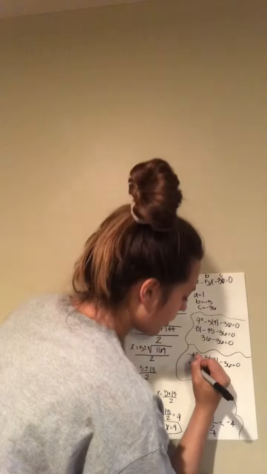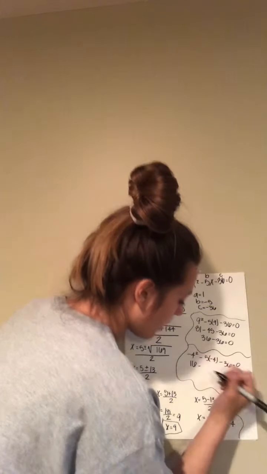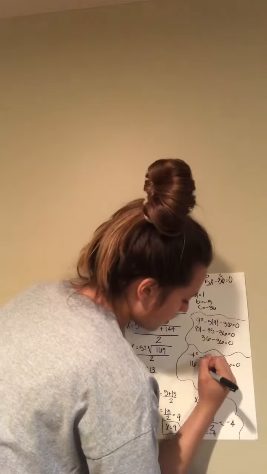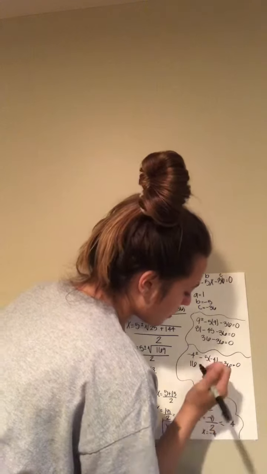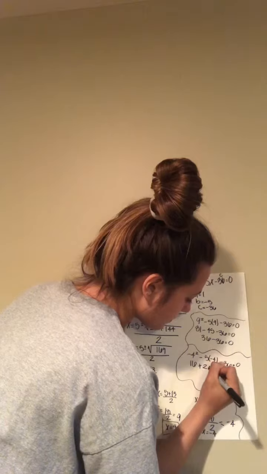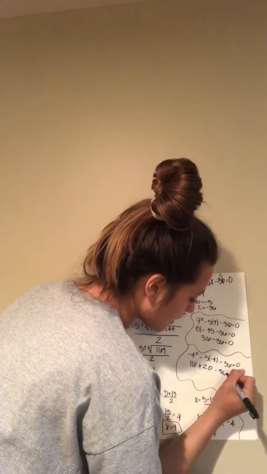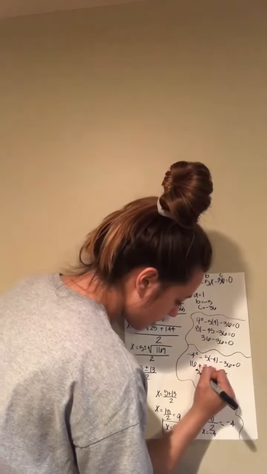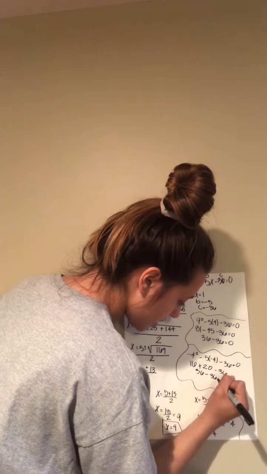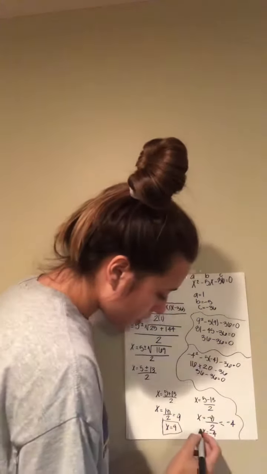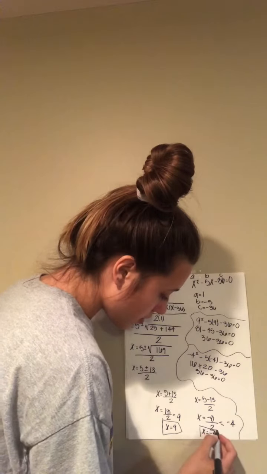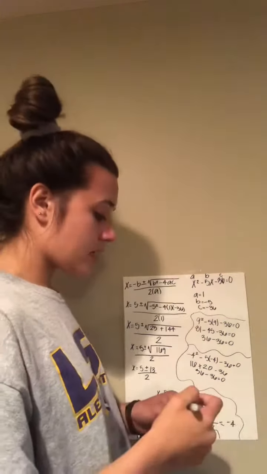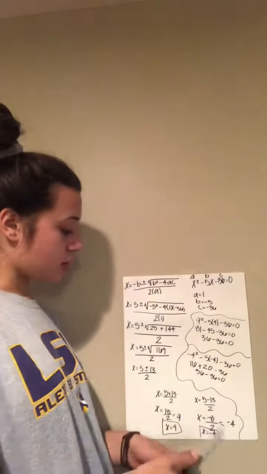Negative 4 squared is 16, plus negative 5 times negative 4 is a positive 20, minus 36. 16 plus 20 is 36, minus 36 equals 0. So x equals negative 4 is also a value for this equation.